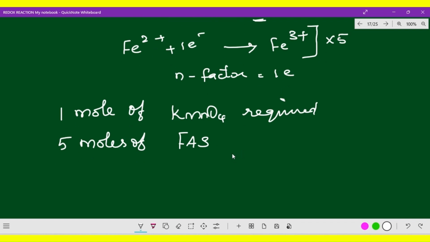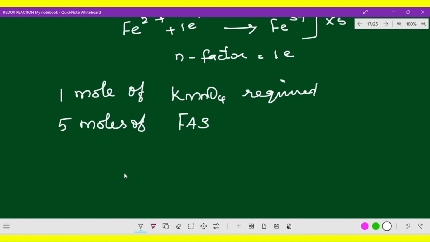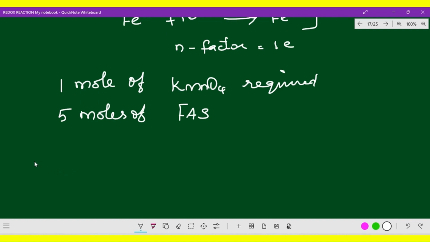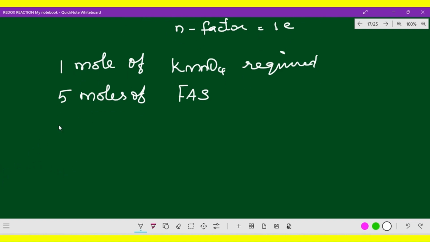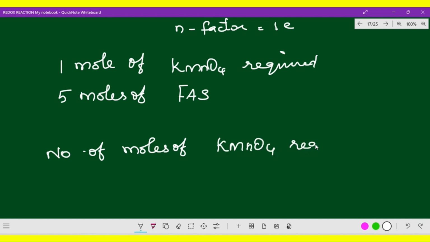Now the next one: the number of moles of KMnO4 required for 1 mole of FAS. How can we bring it? 1 by 5.